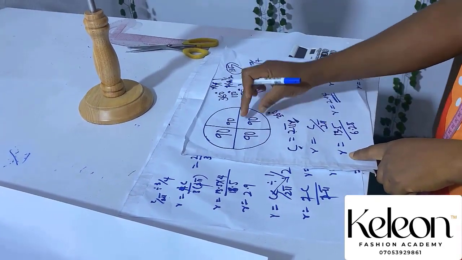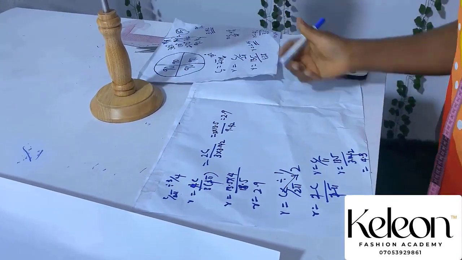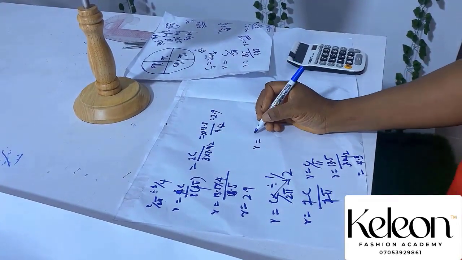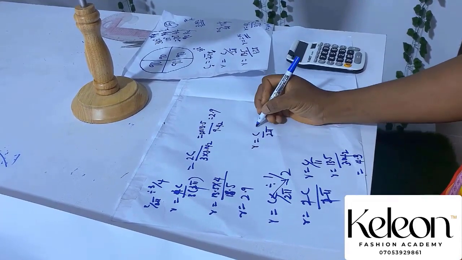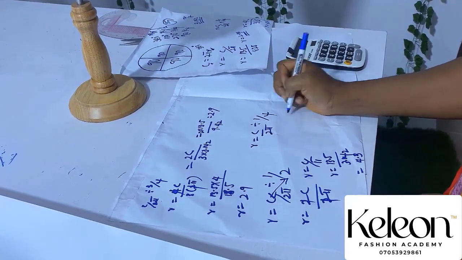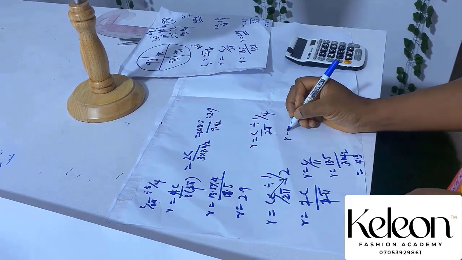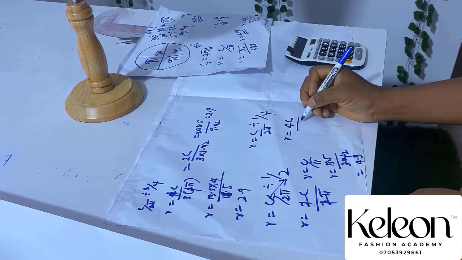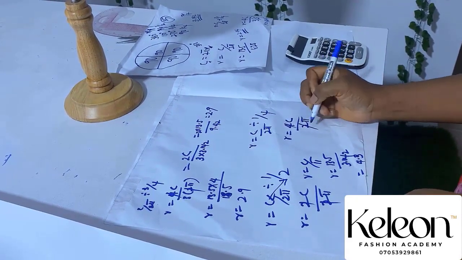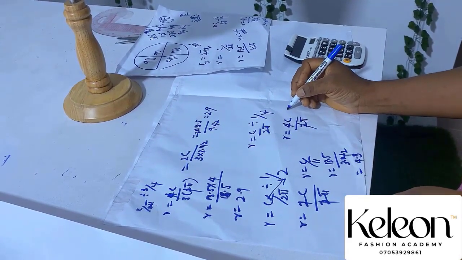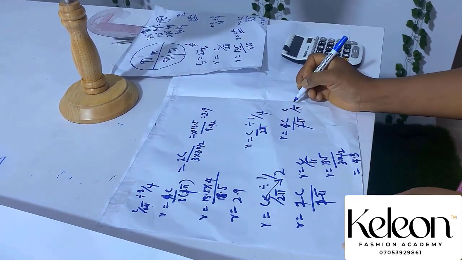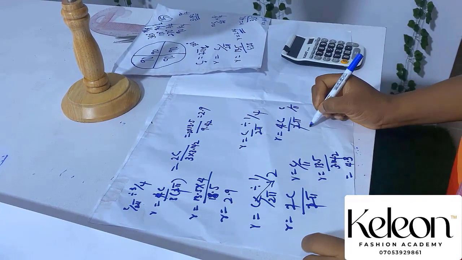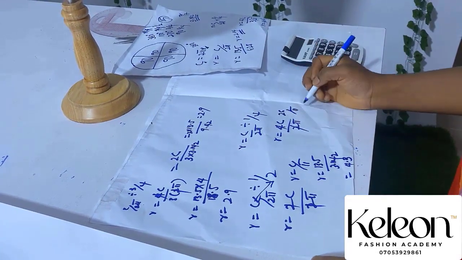Then the last we are going to look at is 1/4. 1, 2, 3, 4. It's taking just one portion. 1/4. The same thing we have been doing. R equal to C over 2 pi divided by 1 over 4. So we have that R is equal to 4 times C, that's 4C over 2 pi. You go ahead and cancel. Okay, so when you cancel out, you have 1 here, you have 2 here, so you have 2C over pi.